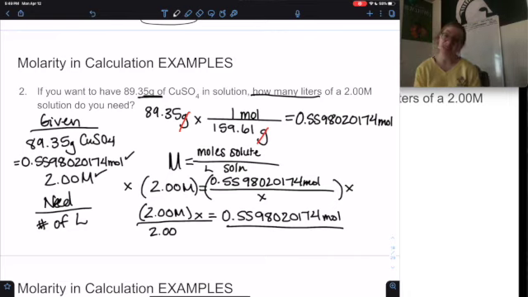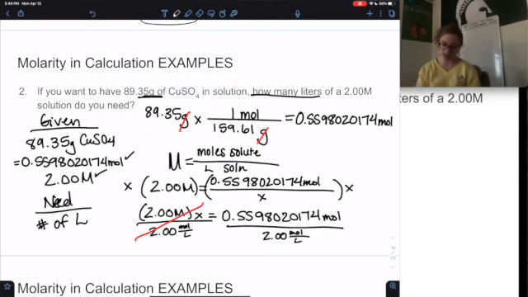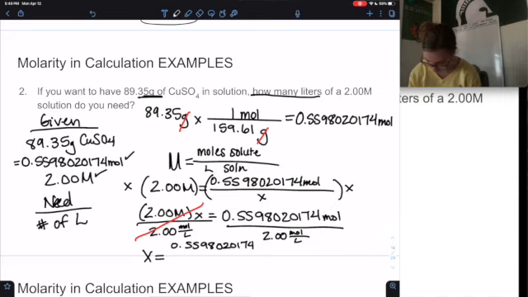Remember, that capital M is the same thing as moles divided by liter. So I'm going to call that 2.00 moles divided by liter. These two are the same thing, so they cancel out. I'll put that in red so you can see it nice and bright. So I'm left with X on the left-hand side, and I've got some tricky work to do on my right-hand side. So X in this case equals 0.020174 moles.